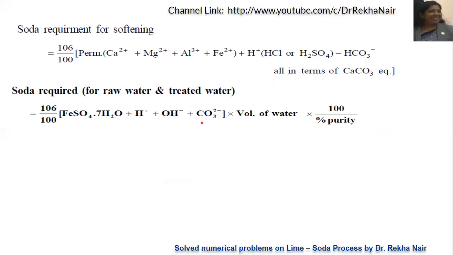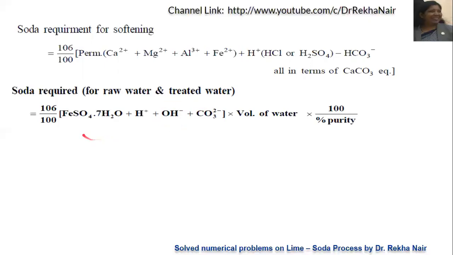Okay, when there is lime in excess, because of the presence of calcium 2 plus, one molecule of soda is also consumed indirectly. So the values of OH minus and carbonate will be included in soda requirement, and in case of lime requirement, we have included only OH minus.